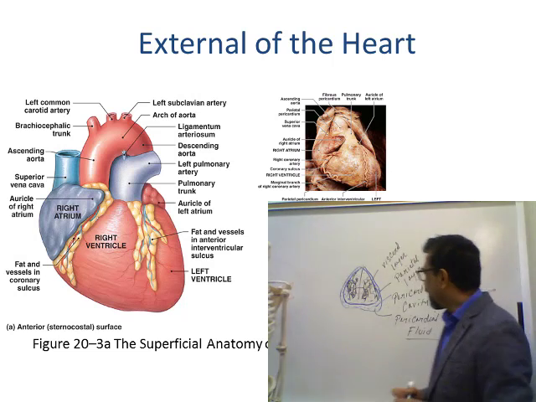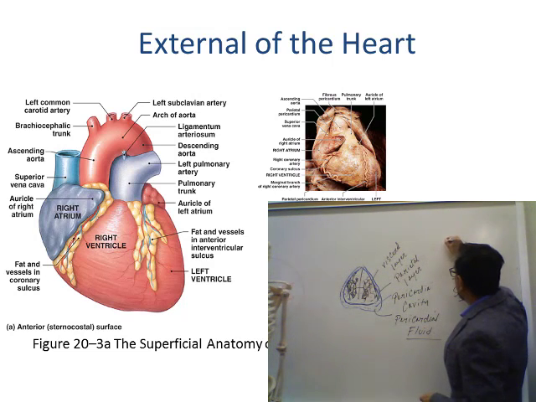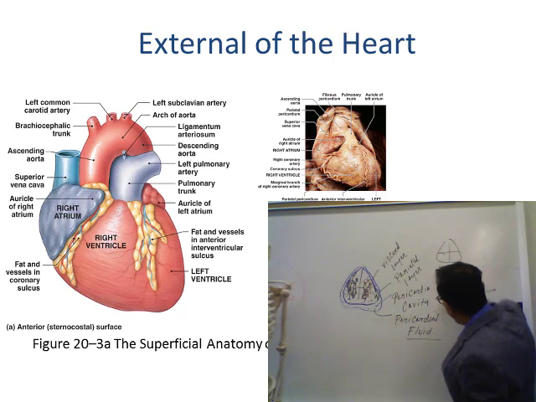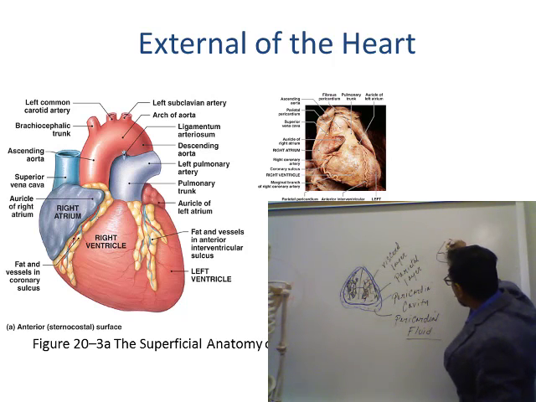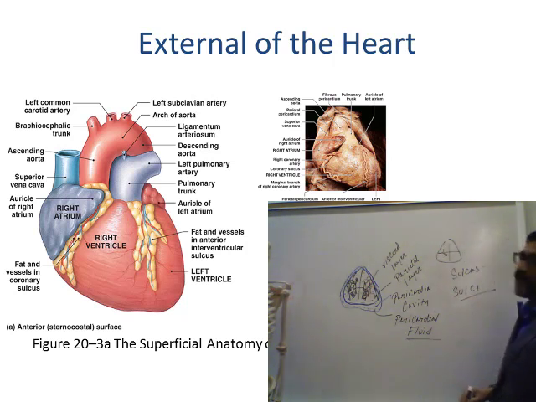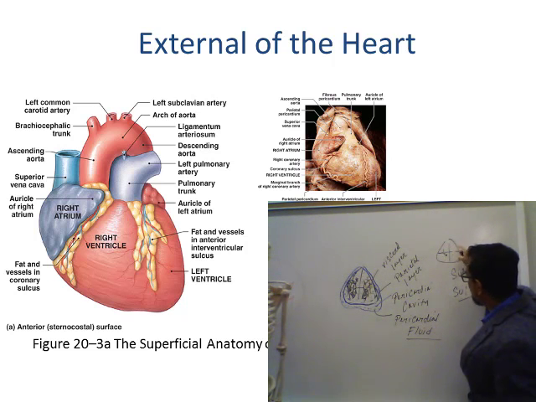I have already explained. So this is your right AV valve here, it only opens downwards, it won't open upwards. So it only allows the blood to enter into the ventricle from the same side atrium. So AV valves only open which way?